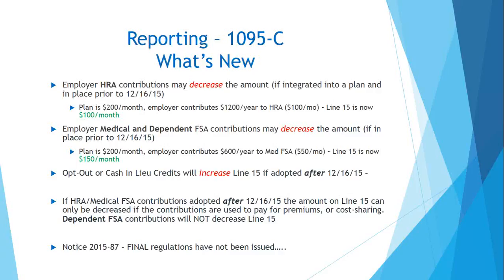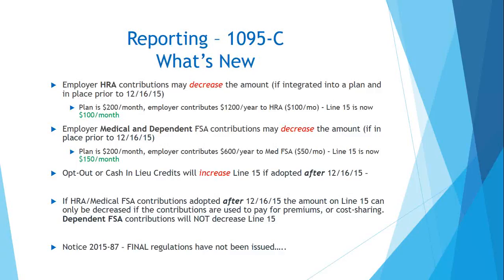Opt-out or cash in lieu credits will increase line 15 if they were adopted after December 16th, 2015. So if you have a program where an employee who waives coverage can pad their paycheck with an additional $300 a month, that actually increases line 15, which makes that plan not affordable to that employee at all, and that opens you up for a penalty.